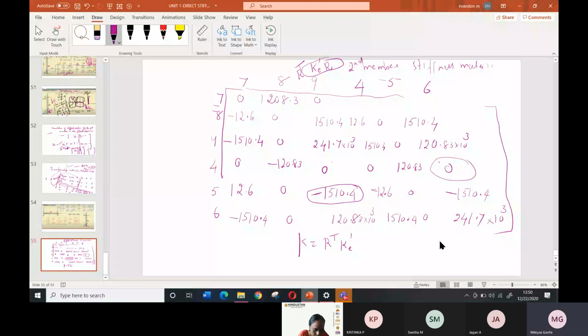Can you read the R transpose matrix if you're finished? Have you finished copying down the stiffness matrix?